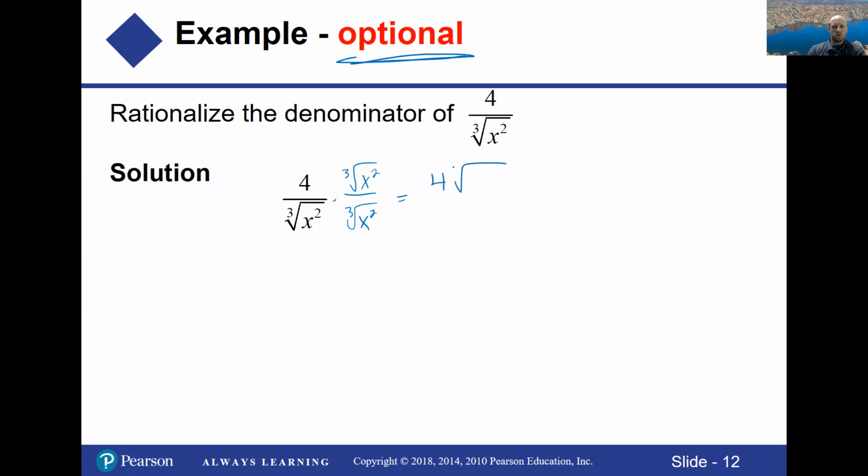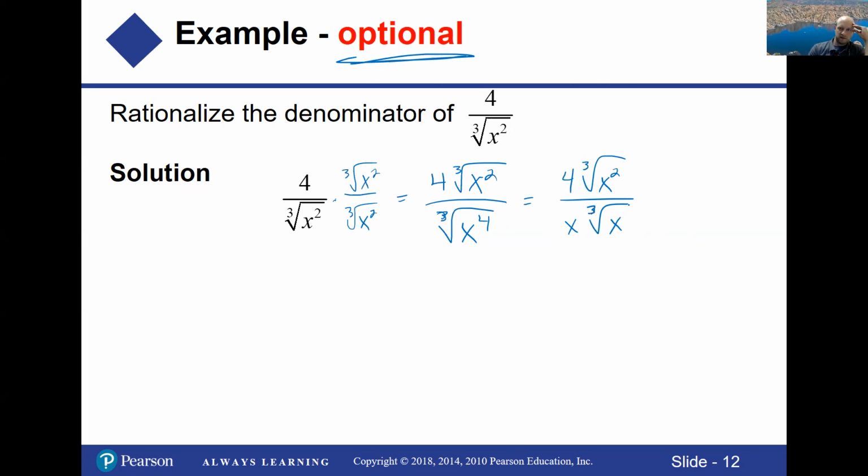I would end up with 4 times the cube root of x squared over the cube root of x to the fourth. And I didn't rationalize it. I would just end up basically almost where I was when I started the problem, because with x to the fourth, I can take out an x, and then I'd have the cube root of x. And now I could keep going with it. This is just going to be way too much work.